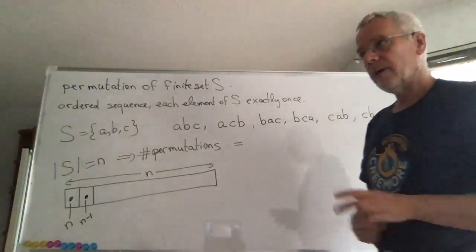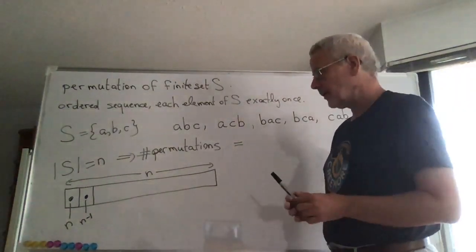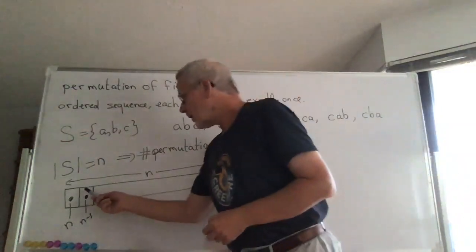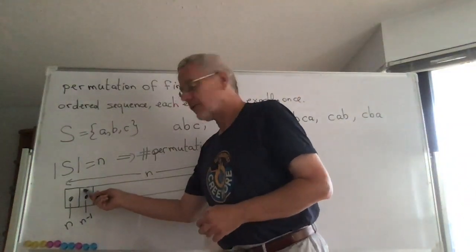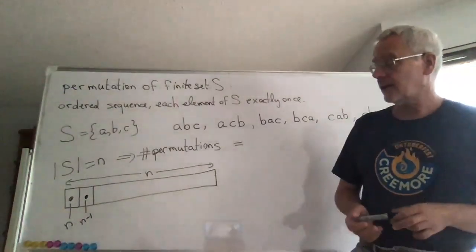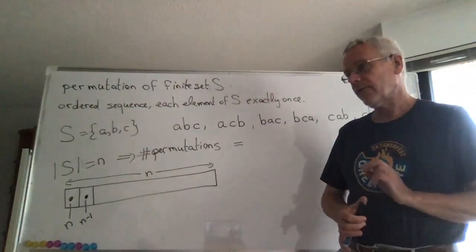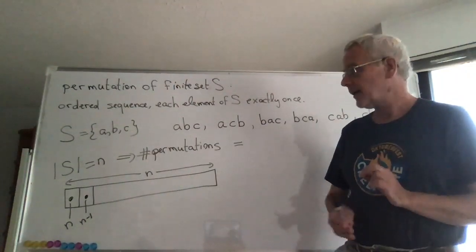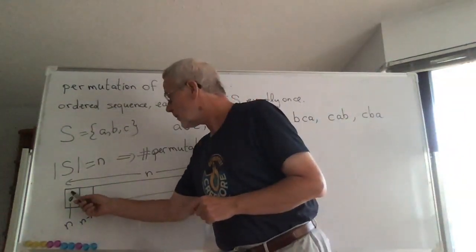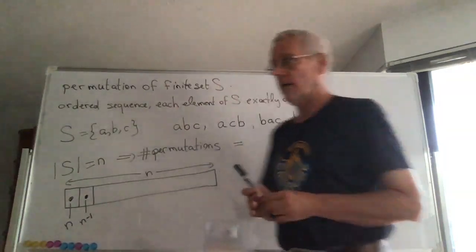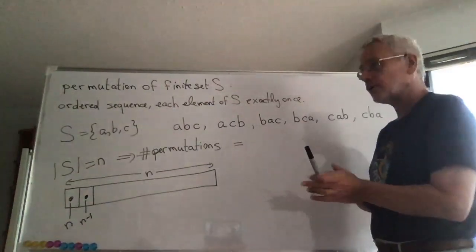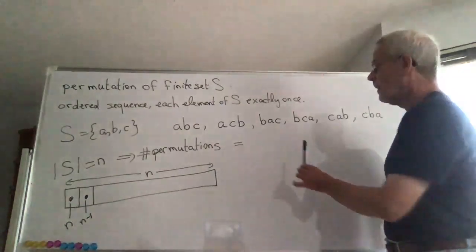And remember, from the product rule, we needed the fact that when you do task number 2, which means choosing the element at position 2, the number of ways to do that does not depend on the way we did task 1. The actual choices are different.